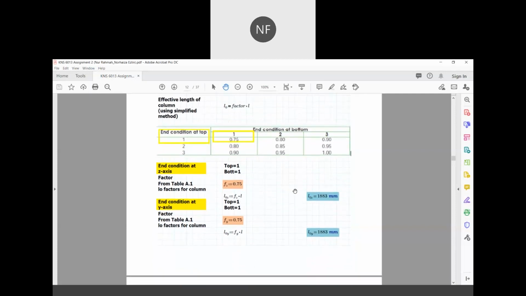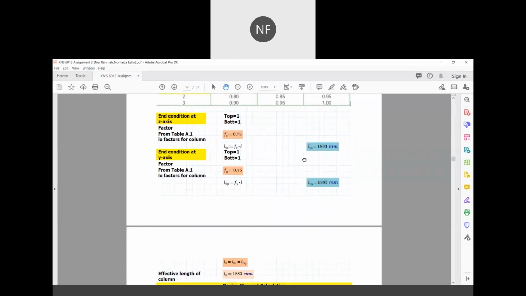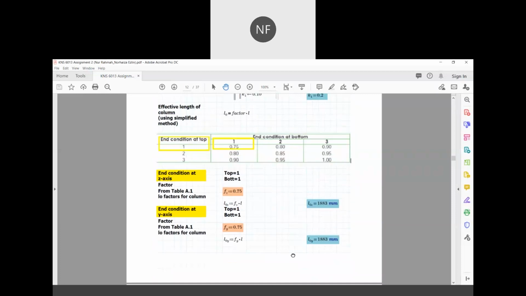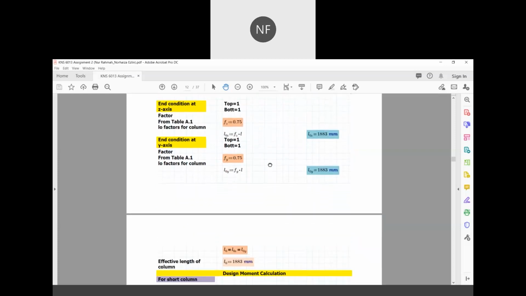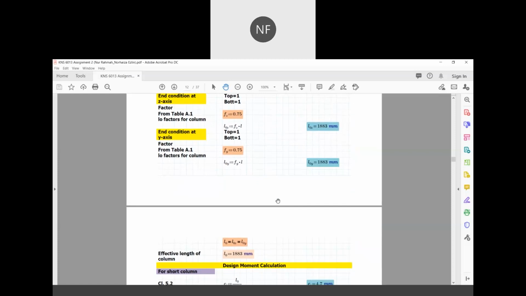Since the end condition at Z for both top and bottom is equal to 1, from the table we can obtain the factor equal to 0.75, and the same goes for the end condition at the y-axis. So in conclusion, the effective length of column is equal to 1883 millimeter.